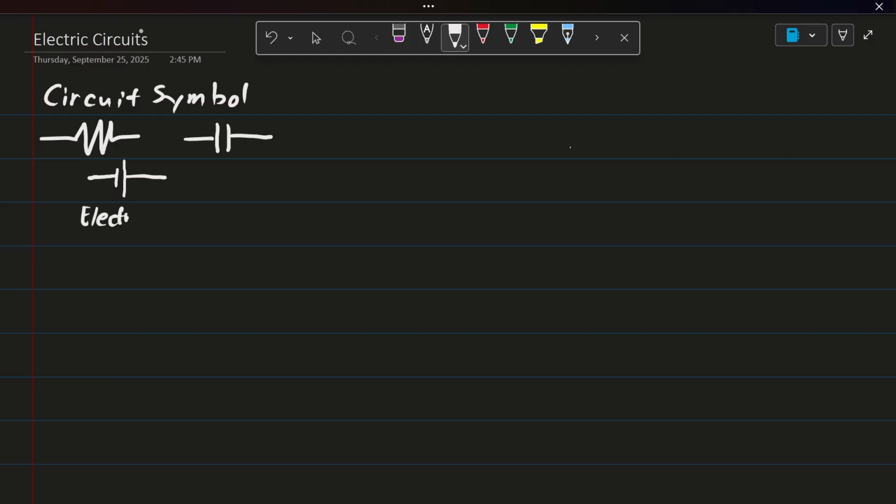This is one word that I will normally use, the EMF. That's pretty much the entire set of symbols that we will probably be using, except for another one, which we'll call the ground. The ground is pretty much where you take the reference point, where normally this is 0 volts.